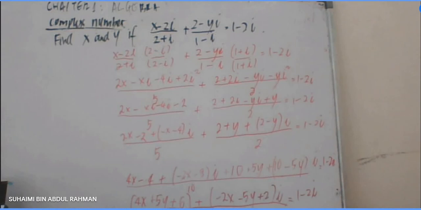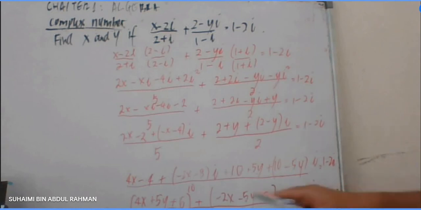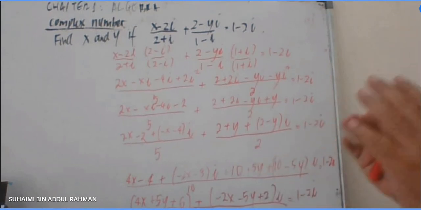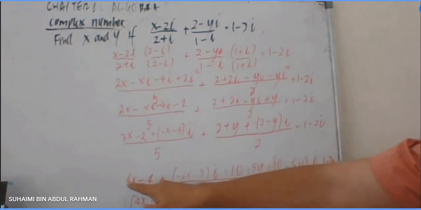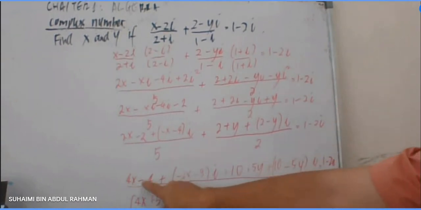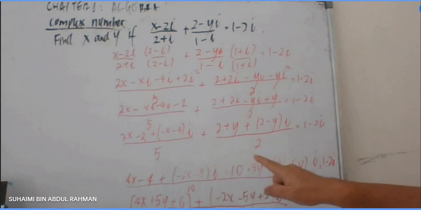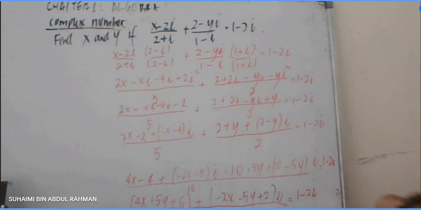You get that? How do we obtain for x plus 5y? We talk about real parts, no imaginary parts yet. Then minus 4 plus 10 gives plus 6. And then we go to imaginary parts: minus 2x minus 5y, minus 8 plus 10, plus 2i, equal to 1 minus 2i.